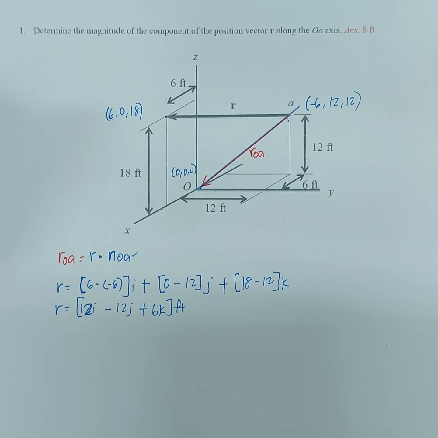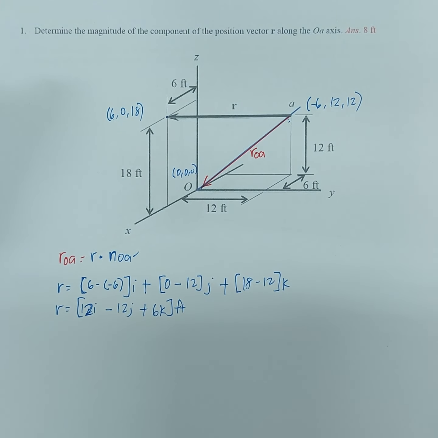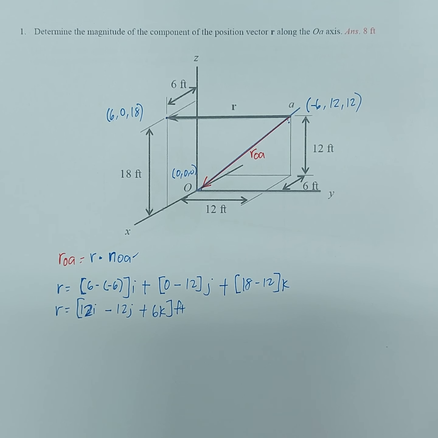So, solve for the unit vector. How do you solve for the unit vector again? Previously, our notation for the unit vector was U, but to be consistent with our module, our notation now in the application of the dot product is n.